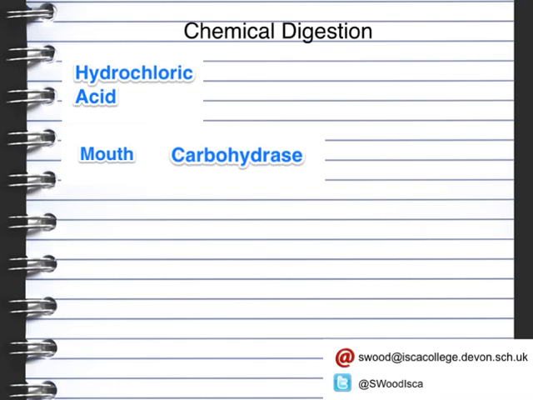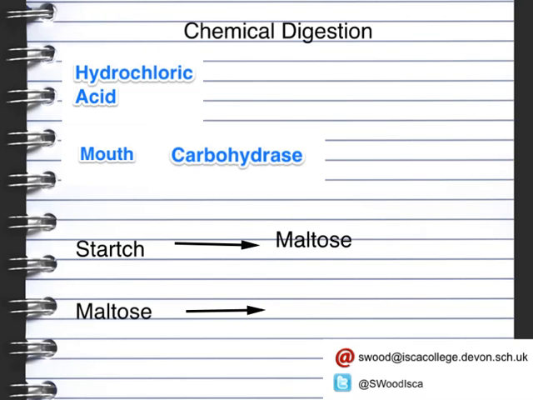It actually goes from starch to maltose as a stage one process, done by the enzyme amylase, and then the maltose is broken down into glucose by the enzyme maltase. You'll notice that what's broken down here is maltose, and it's broken down by maltase. Now ase means it's an enzyme.